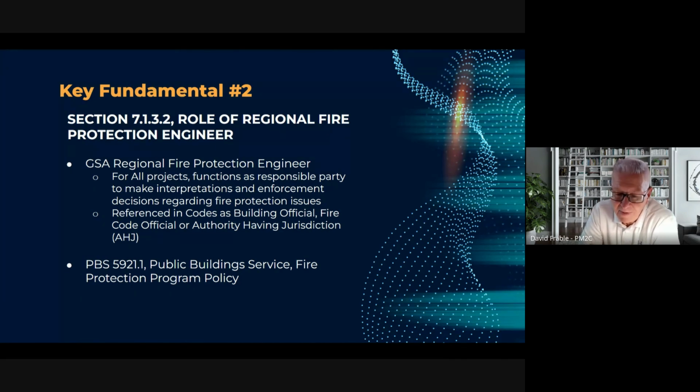This role has been assigned to the Regional Fire Protection Program Office by the Public Building Service Fire Protection Policy Document, PBS 5921.1, and is also referenced in Section 7.1.3.2 in Chapter 7.